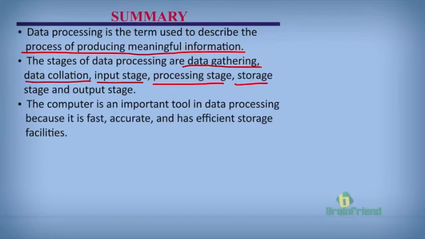The processing stage. The storage stage. And the output stage. And we also looked at the reasons why the computer is an important tool for data processing. Such reasons are the computer is fast, it's accurate, and it has efficient storage facilities.